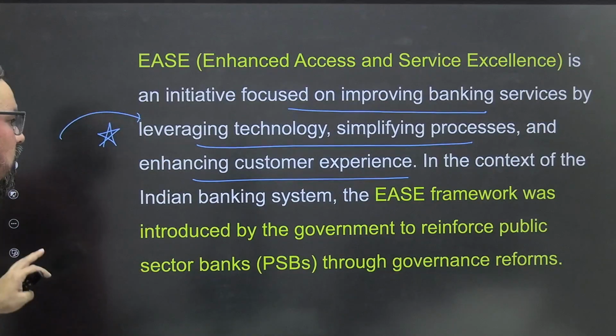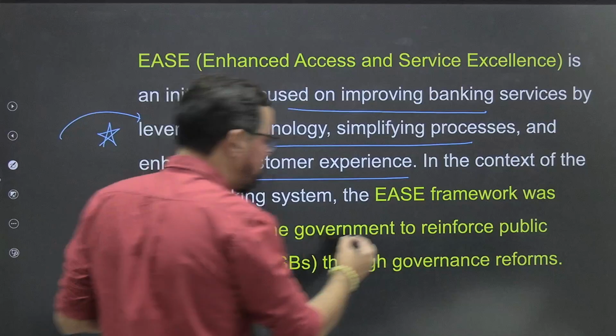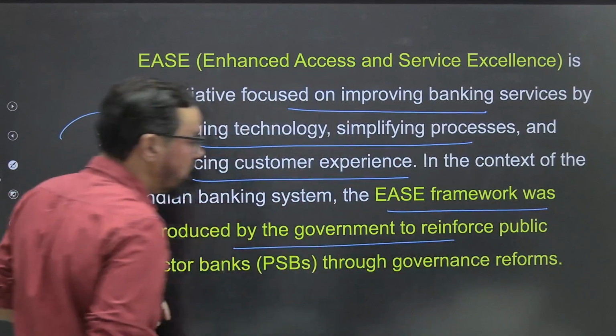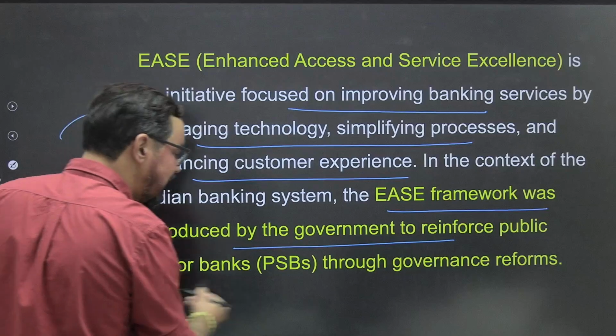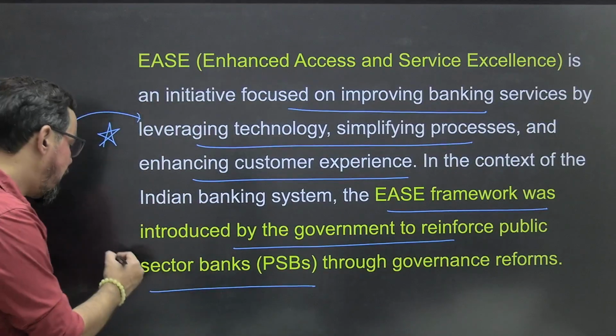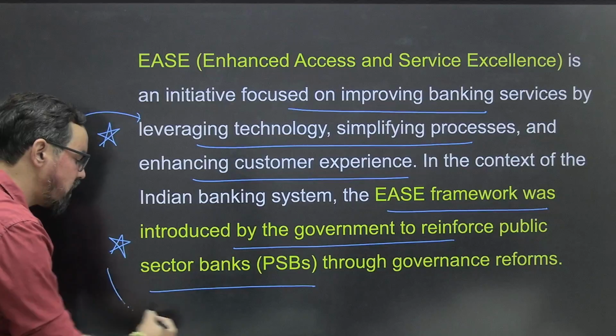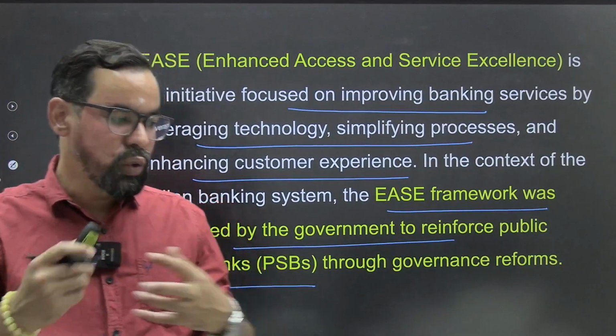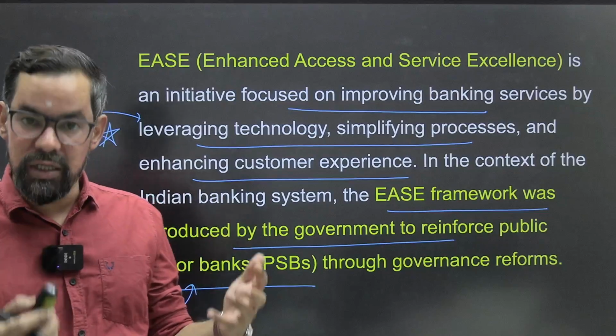In the context of the Indian banking system, the EASE framework was introduced by the government to reinforce public sector banks through governance reforms. So this is applicable on public sector banks primarily, and to increase the customer experience and all.